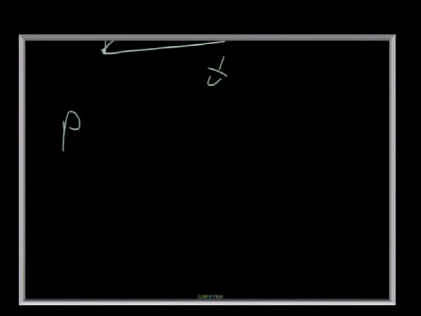Now, mathematically, we can represent this relationship in different ways. One of the most common ways that Boyle's law's equation is represented is to write it like this. P1V1 is equal to P2 times V2.